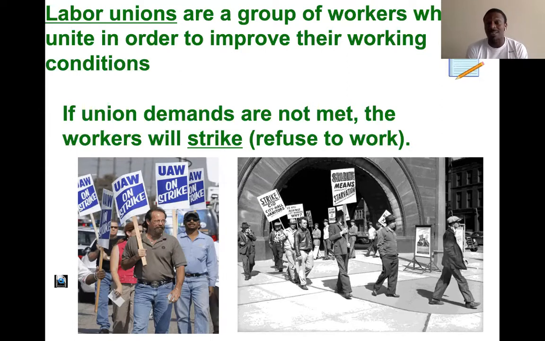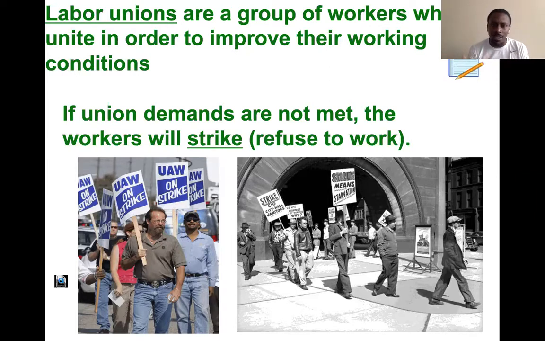He has 99 others, and it's easy to replace just one worker. Whereas if most of us form ourselves into a union, out of the 100 of us, if all 100 of us go to our boss and say, "We're not working unless you change this, this, and this," then as a united front, they were more effective. So that's what influenced the creation of labor unions: strength in numbers.